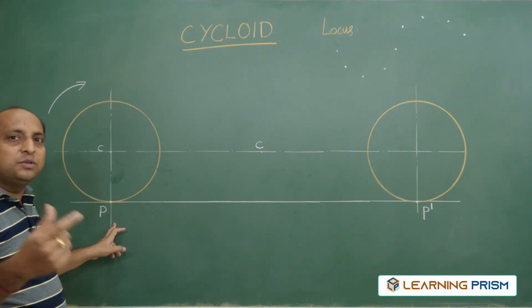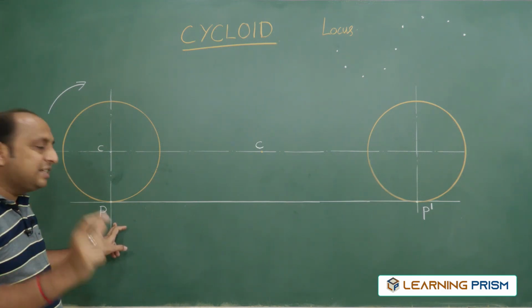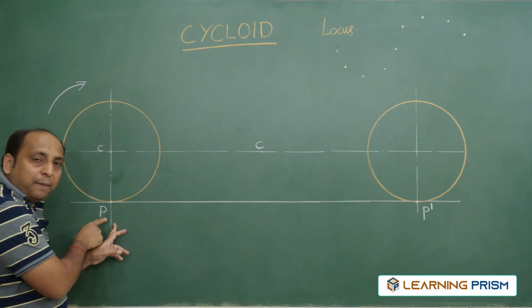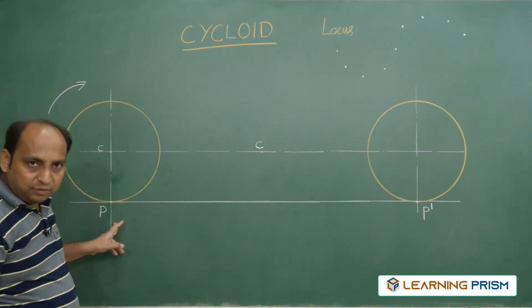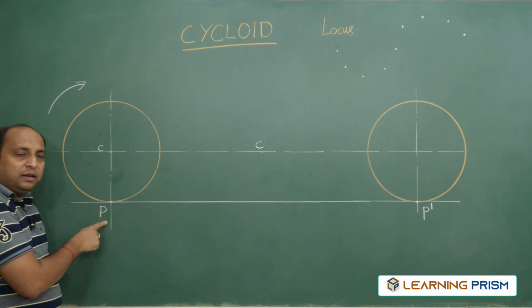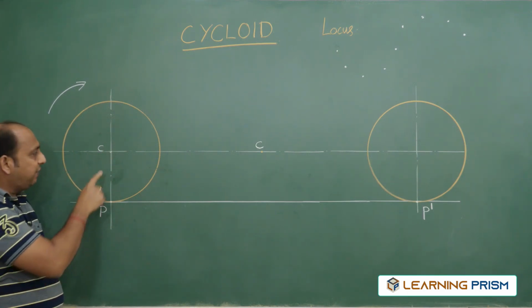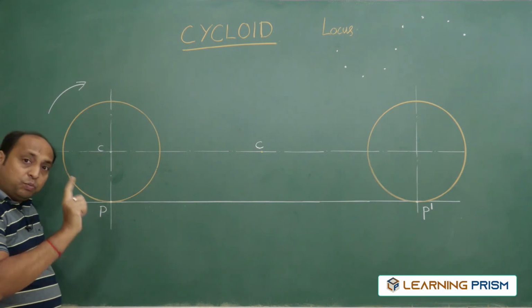The point P is moving with a condition that the distance of this point from a fixed point is constant. That means the distance between the point C and the point P is constant. So if I take a point C somewhere here, the distance between C and P should be the same.